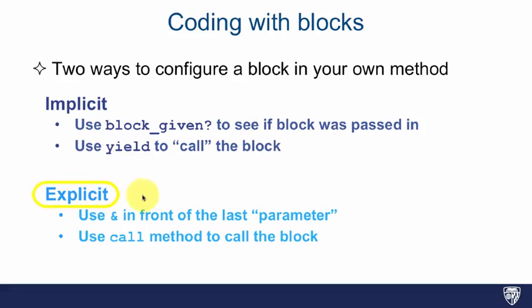The explicit way is you declare block as the last parameter of a method with an ampersand in front of it, and then you use the call method to call the block. So let's see both of these.